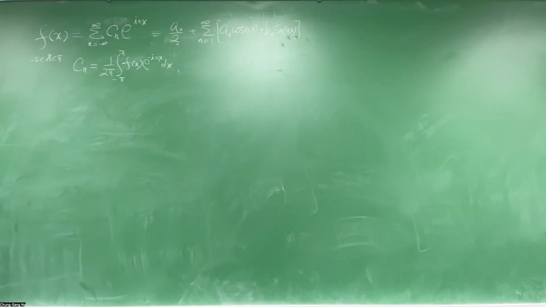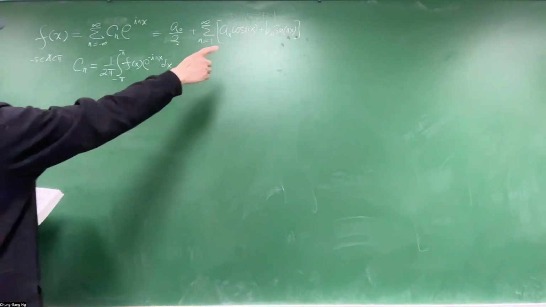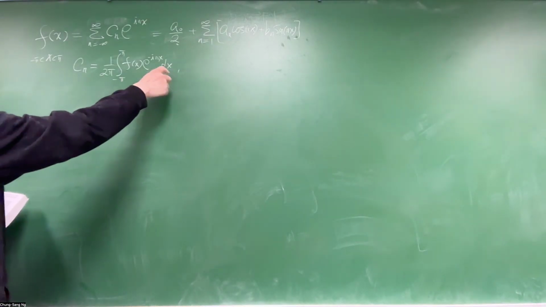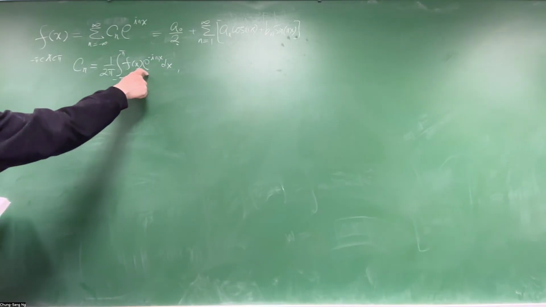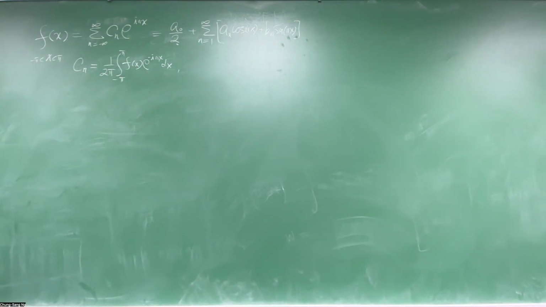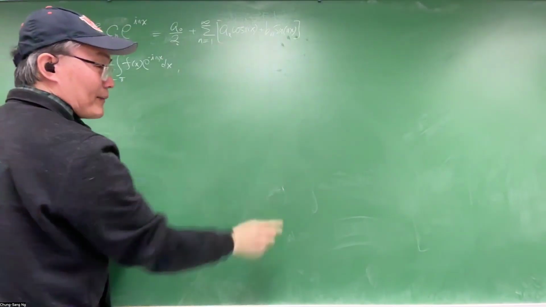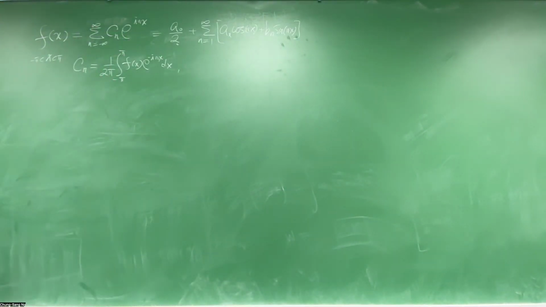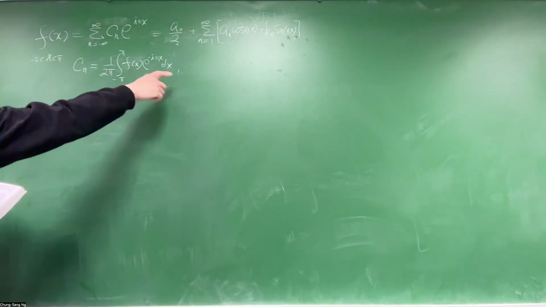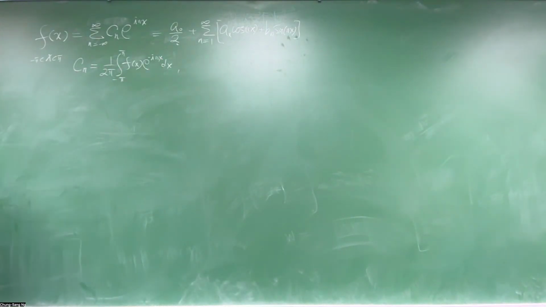Basically, it's not multiplied by this exponential function. For a sub n, you multiply by cosine, for b sub n, you multiply by sine. And the normalization for this is instead of 1/2 pi, it is 1/2. So you know all those formulas, the difference.